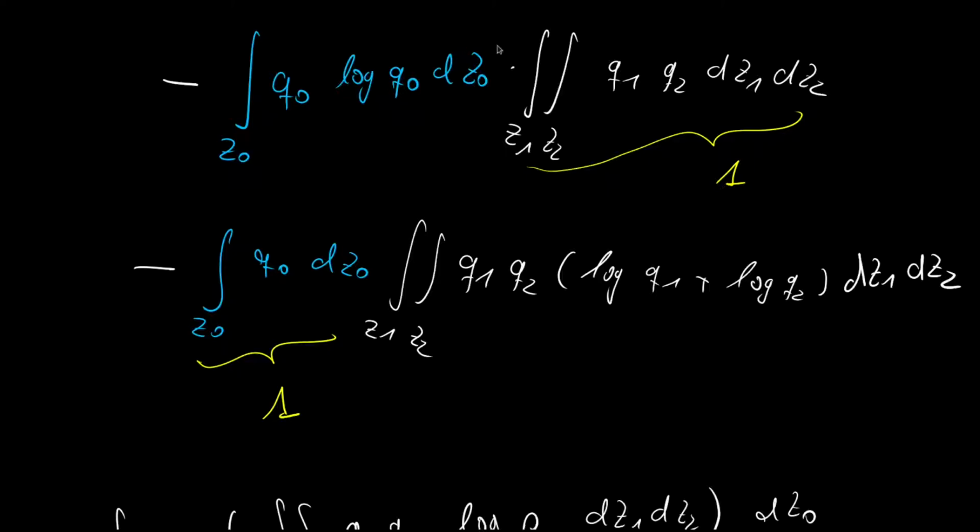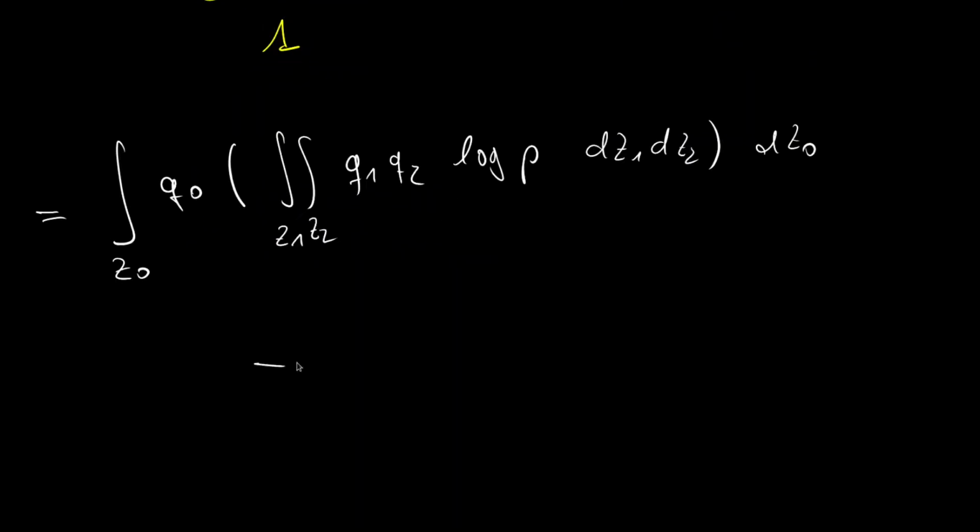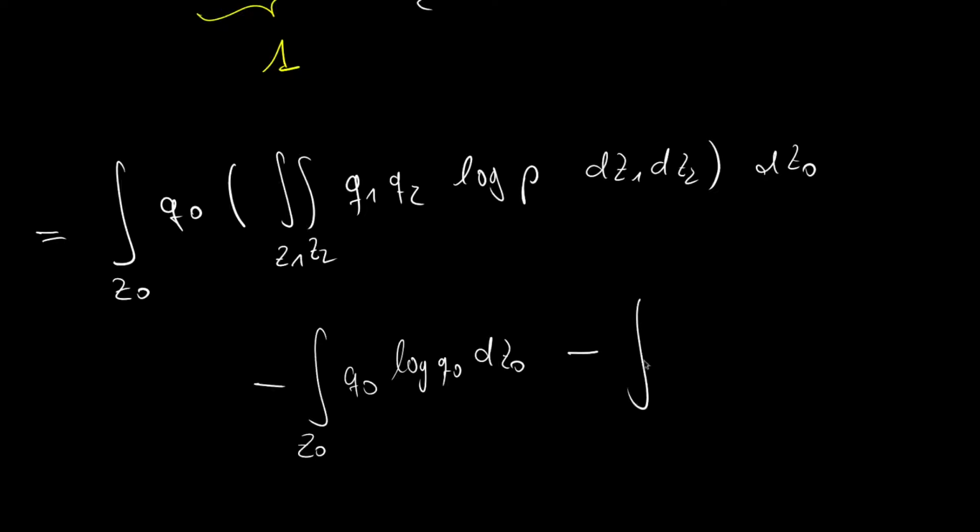Then we have the contribution by this term here, which will be minus the integral over z0 of q0 logarithm of q0 dz0. And we have minus and then the double integral from z1, z2 over q1, q2 in brackets logarithm of q1 plus logarithm of q2, then dz1, dz2.